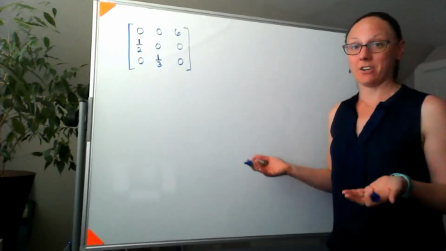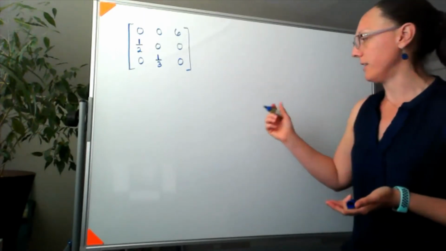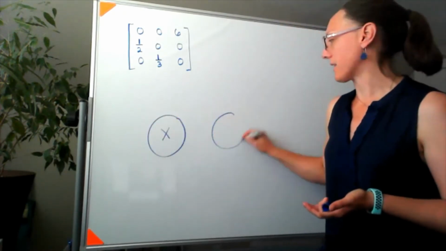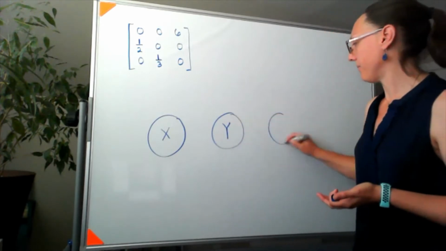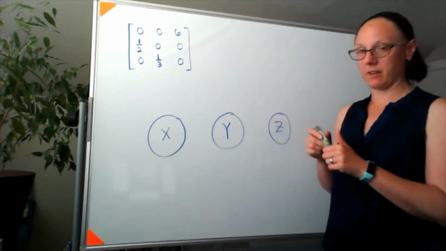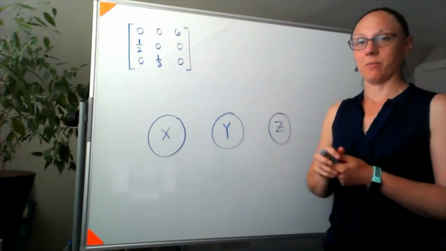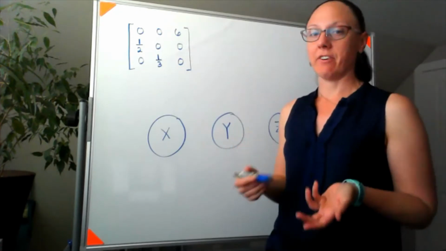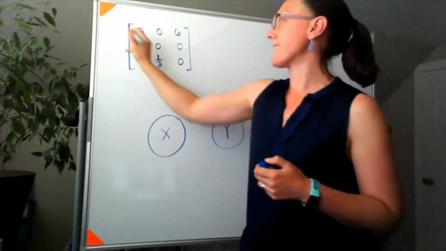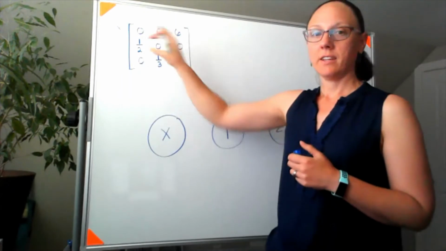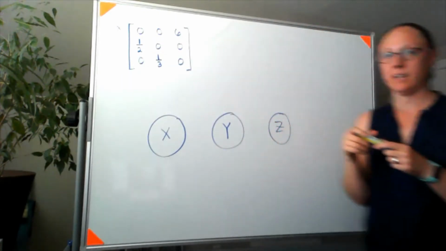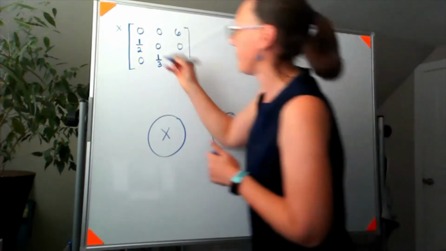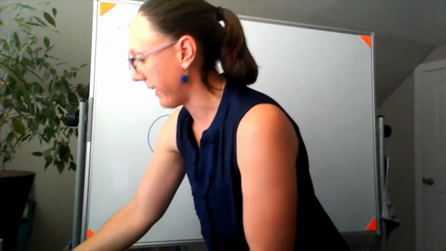3 different age classes for the beetles, and I'll just go ahead and call those X, Y, and Z. And if I had to diagram this, then that first row is giving us information about what is coming into X. The second row is giving us information about what is coming into Y. I'm going to try a different color here.